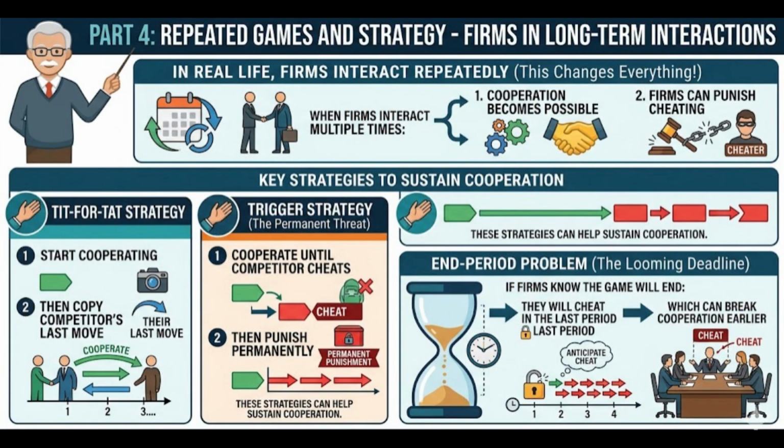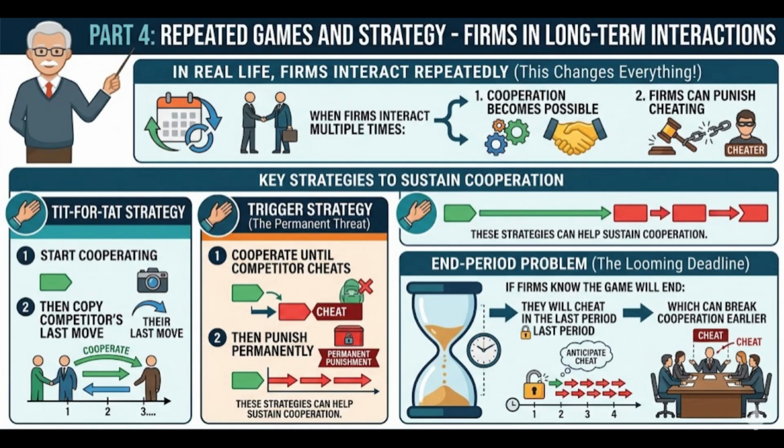In real life, firms interact repeatedly. This changes everything. Repeated games. What are repeated games? When firms interact multiple times, cooperation becomes possible. Firms can punish cheating. And here are the key strategies. Number one, tit for tat. Start cooperating, then copy the competitor's last move.